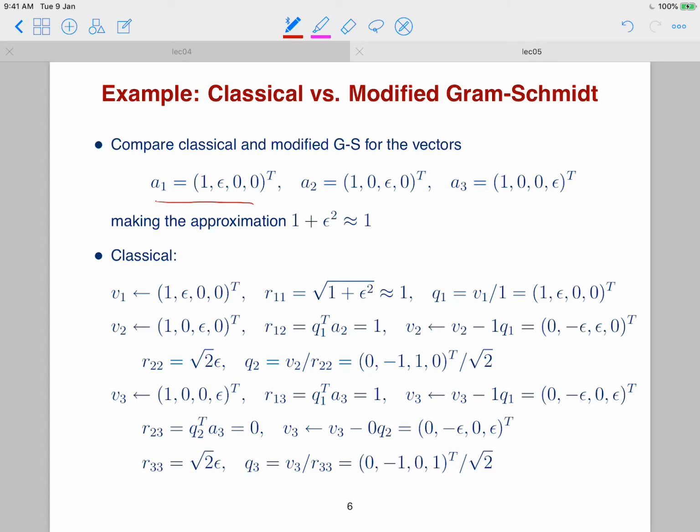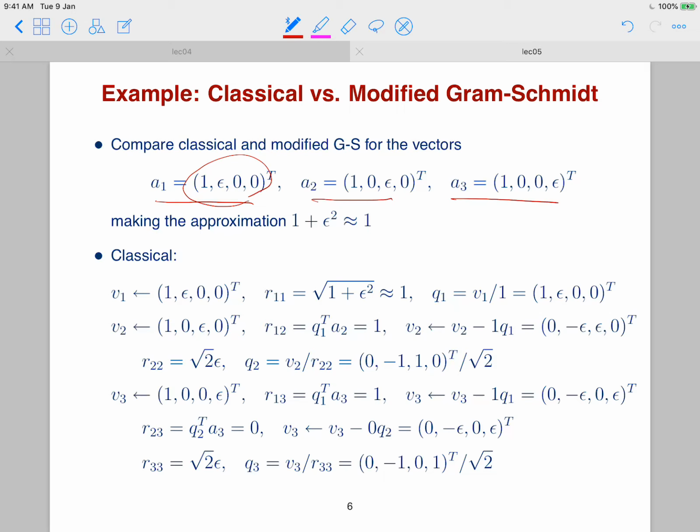Suppose we are given these three vectors. This corresponds to a little bit tricky case: they are linearly independent, right? But their angle is really, really small.